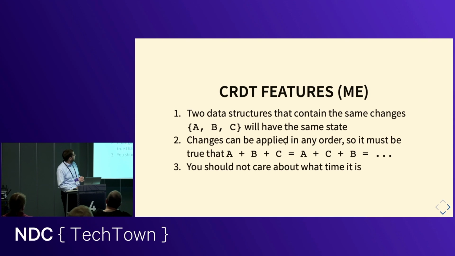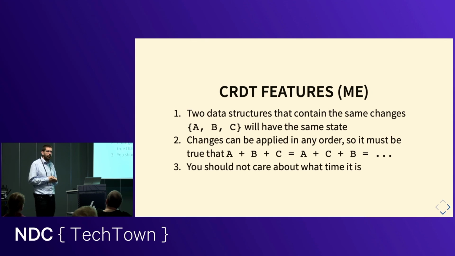And the other is, I'm not sure if this is, well, CRDT is not a protected term, so I guess you can say this. But it should be possible to apply changes in any order, because you cannot know. I may receive some changes from someone else and from someone else, and I apply them, and that should be order independent. That's an important property, because that makes it much easier to work with CRDTs.